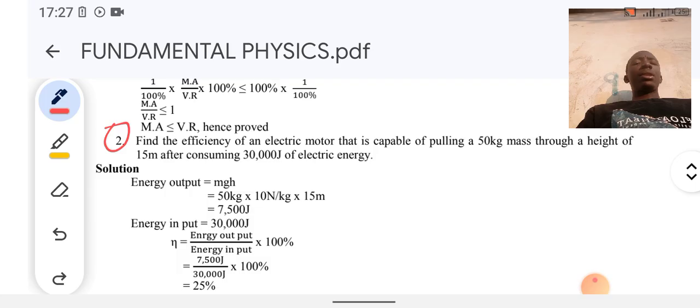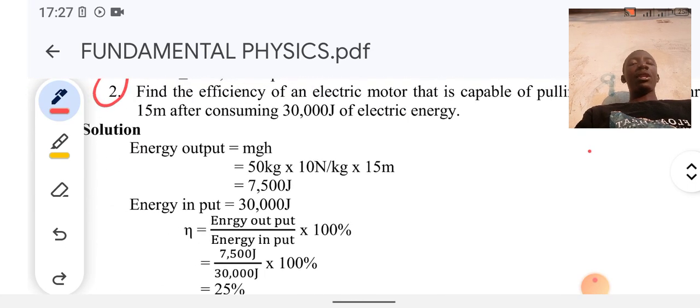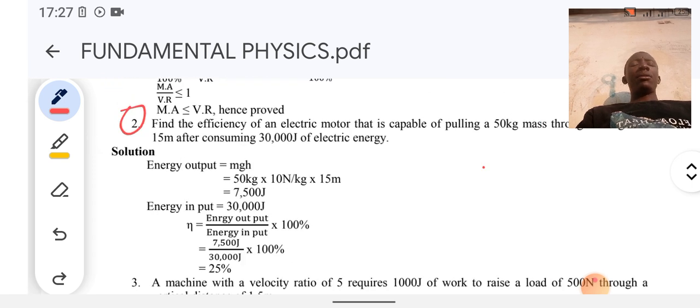Okay, so the first thing we need is the energy output. And how do you find the energy output? Energy output is equal to the potential energy. The formula you use to find the potential energy is the same formula you're going to use to find the energy output. In this case, energy output will be equal to mgh.